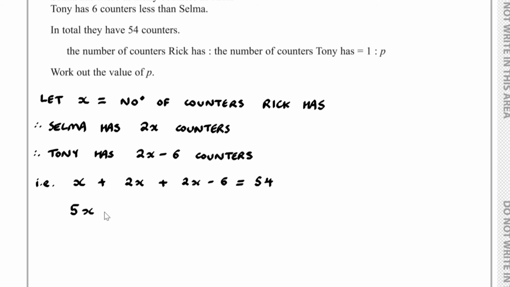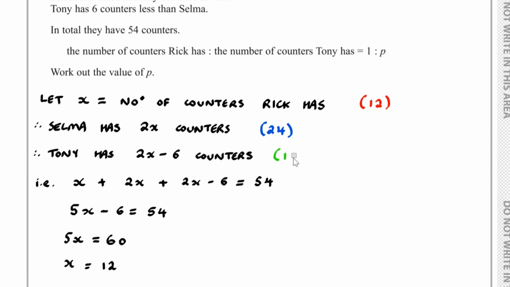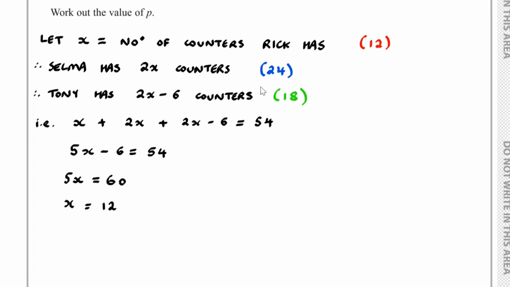5x minus 6 equals 54. 5x is equal to 60, x is equal to 12. So that means Rick has 12, Selma has twice this, which is 24, Tony has 6 less than this, which is 18. Now we need to find the ratio of Rick to Tony.